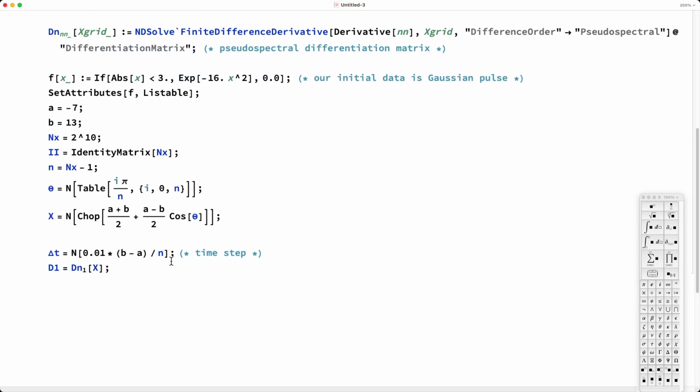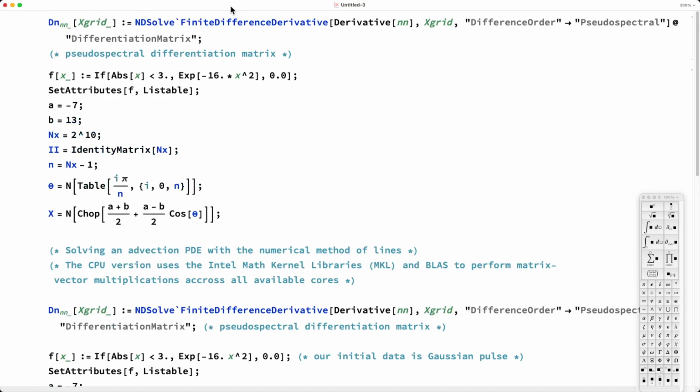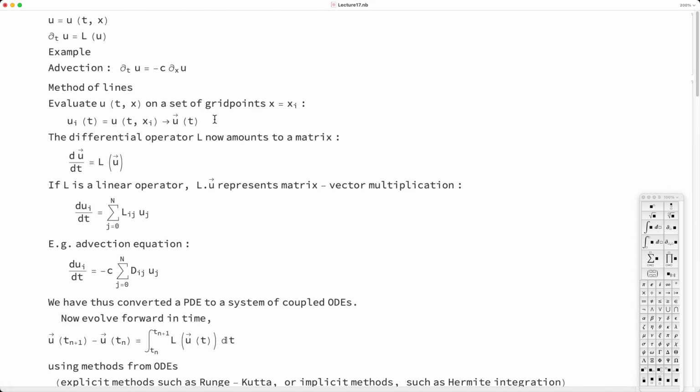And then we need a freezing boundary condition on the left boundary. If you look at our equation, we want our left boundary to be frozen, where the incoming waves are coming into our domain from the left. So if u is frozen, that means partial t of u equals 0. From this equation, that means partial x of u equals 0 on the left boundary.